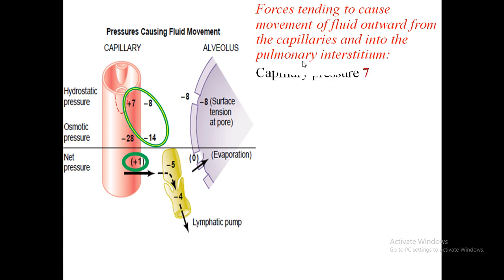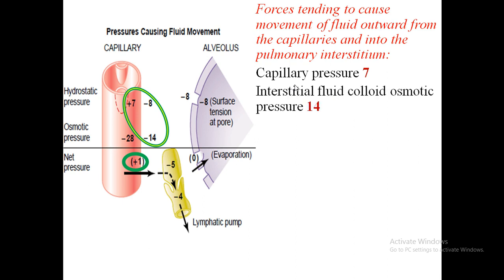The capillary pressure is positive 7, the forces tending to cause movement of fluid outward from the capillaries into the pulmonary interstitium. So collectively, the capillary hydrostatic pressure is 7, and the interstitial fluid colloidal osmotic pressure has a minus sign.